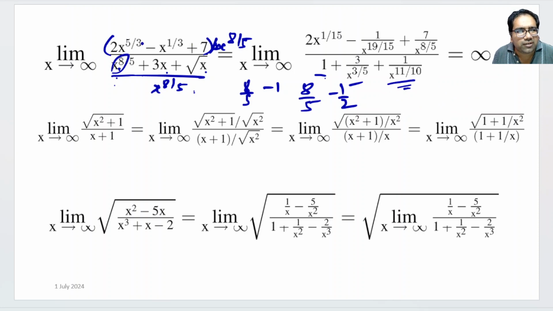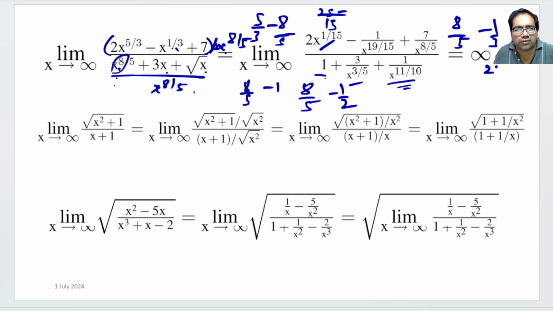In the numerator, what will happen? x power 5 by 3 minus 8 by 5. This is 25 minus 24 by 15, which is 1 by 15. Similarly, 1 by 3 and 8 by 5, so what we'll get in the denominator is 8 by 5 minus 1 by 3.